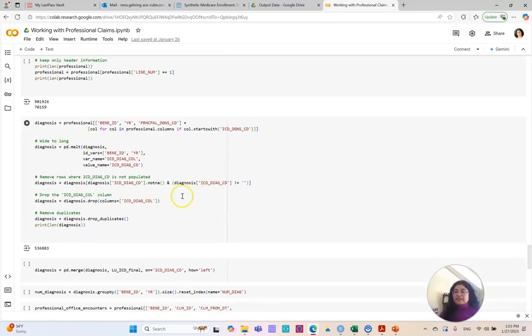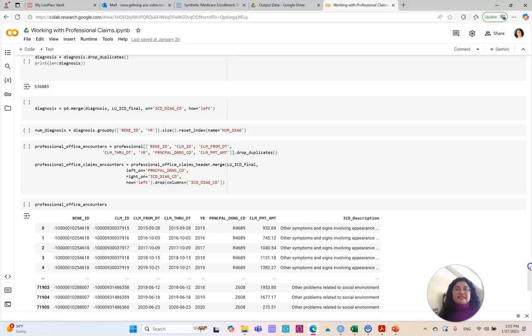I created a diagnosis file, which is a melted version. So I take the various diagnosis columns and I go from wide to long. So now I have everybody's diagnoses that were from their professional office visits. I link it with the ICD diag to get the description.